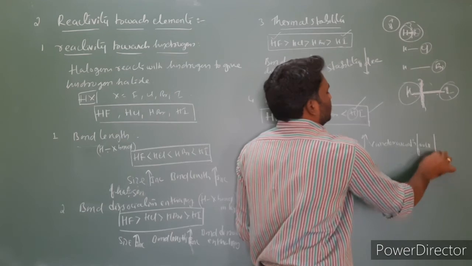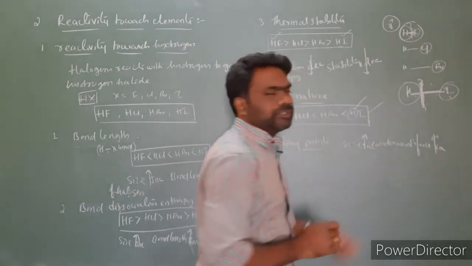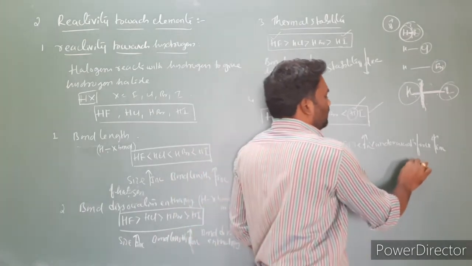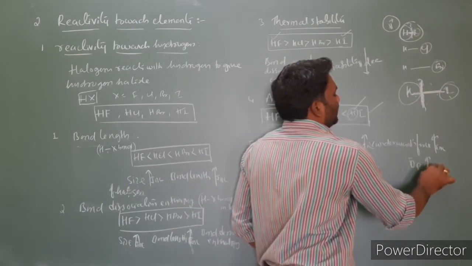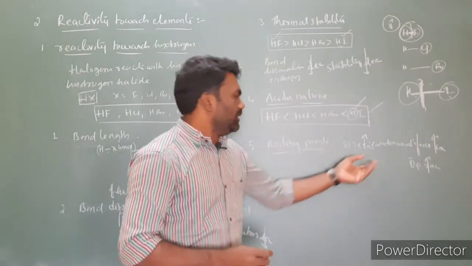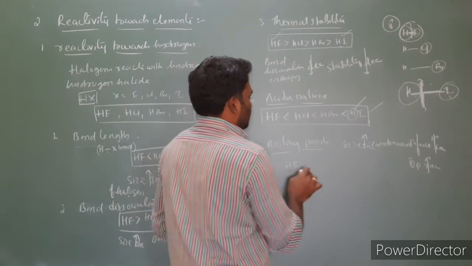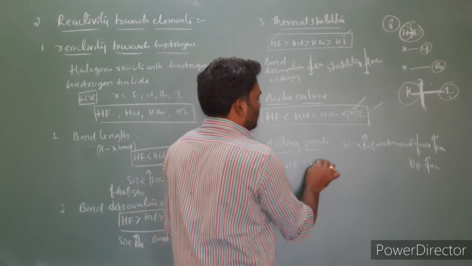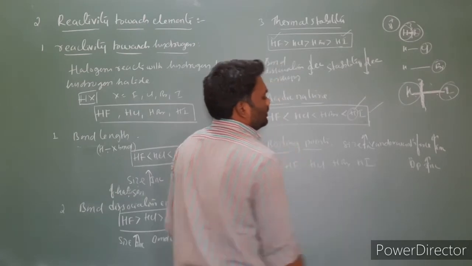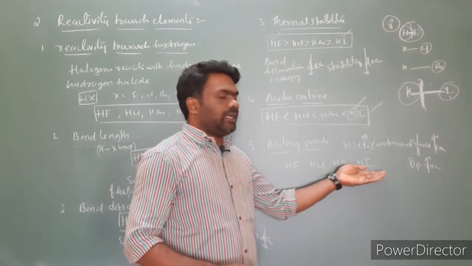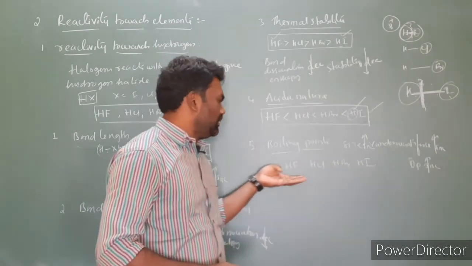As a result, boiling points also increase. This is the general trend. So what we can expect is HF is less than HCl, less than HBr, less than HI. So HI has a high boiling point when compared to HBr. HBr is more than HCl, HCl is more than HF.